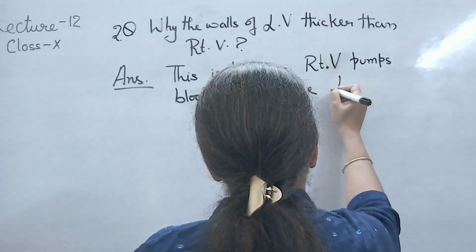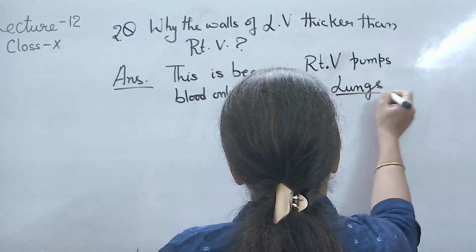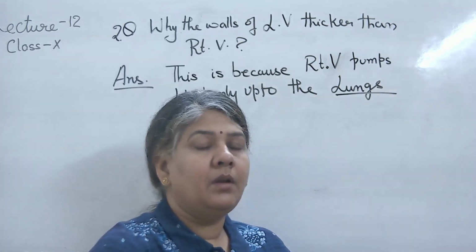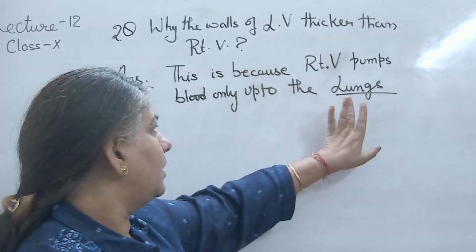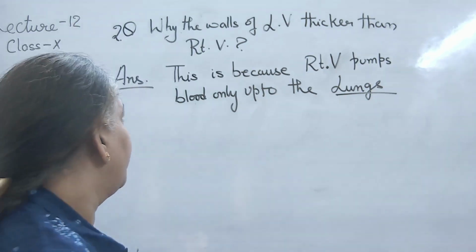And you know, lungs and heart, both the organs are present inside the rib cage. So it is pumping the blood only to lungs, which is a nearby organ.